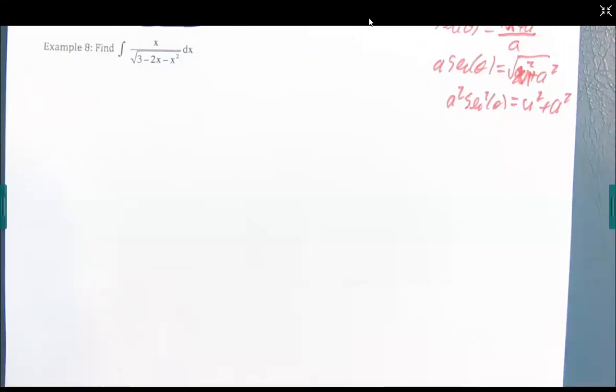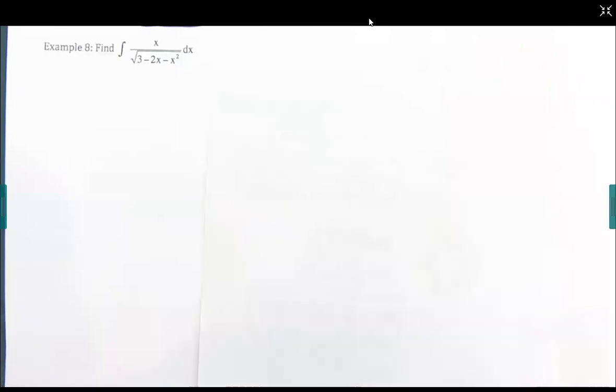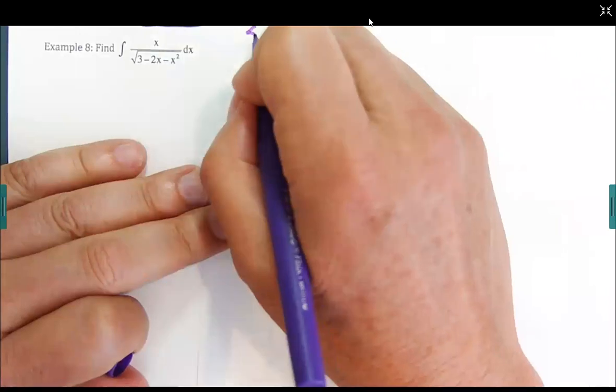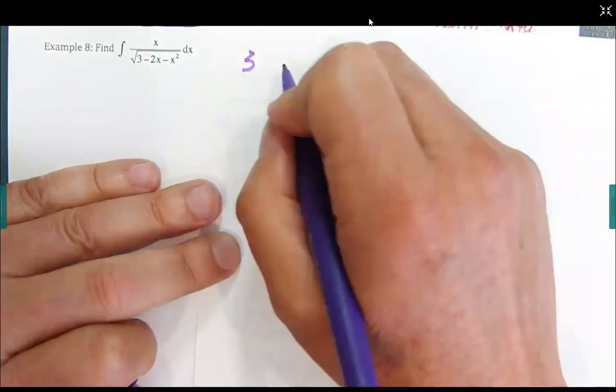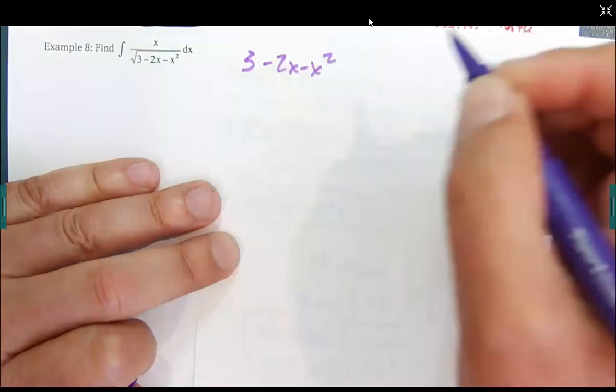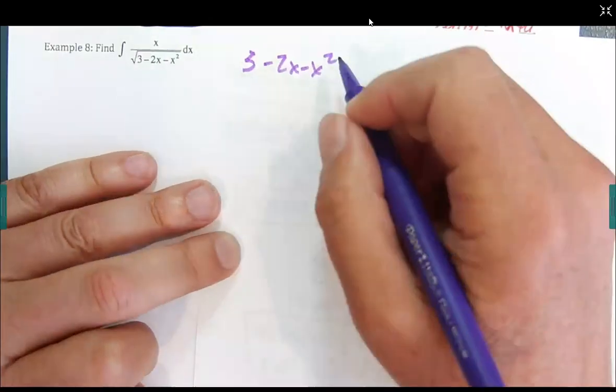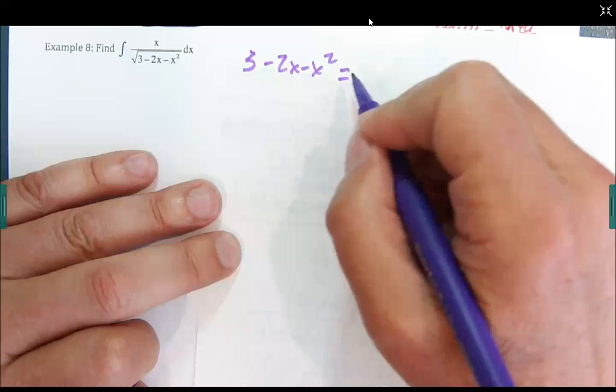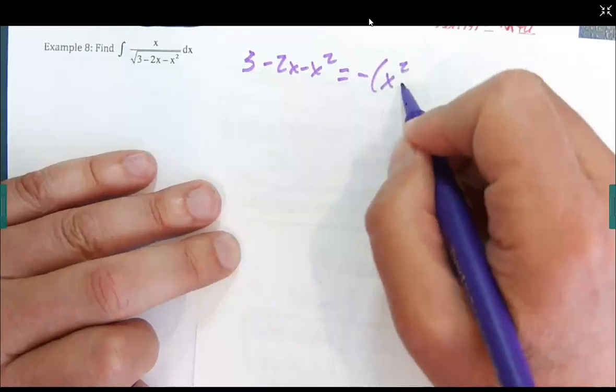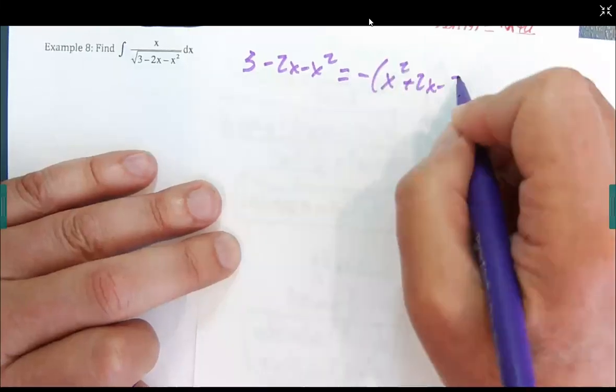All right, here we go. What we need to do again is complete the square. And to do that, I'm going to actually use some scratch paper. So 3 minus 2x minus x squared. I'm going to rearrange this just to make it easier. x squared plus 2x minus 3.